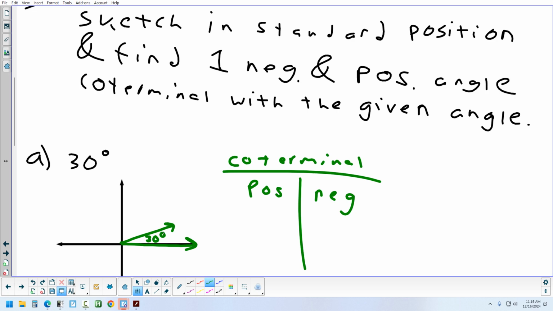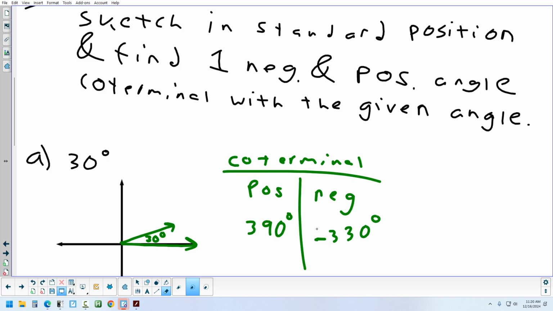And what would be an angle that is coterminal with 30 and positive? 390. How about coterminal with 30 and negative? Negative 330. There you go.